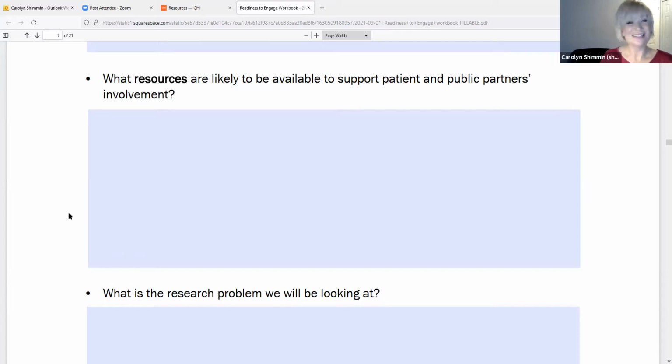In the online environment, that might mean figuring out ways for people to engage, whether it's getting tablets for people with lived experience so that they can engage online, having those types of thoughts around what resources are going to be available to help support people.